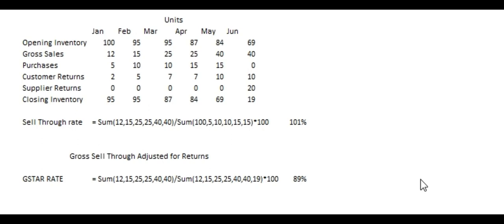Now, if you try to calculate the sell-through over the 6-month period, and if you accommodate the sell-through in the standard form, you will get a number which is 101%, which means the inventory sold is more than the inventory bought. Now, why is that happening? This is primarily happening because of customer returns coming in and purchases being made across the life cycle of 6 months.